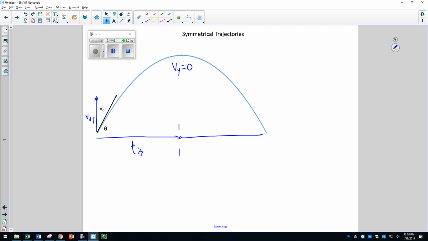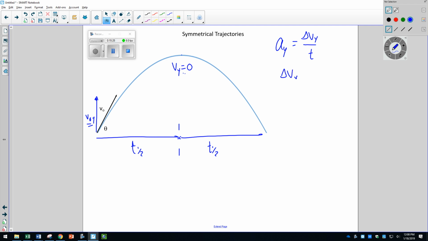Here's the other half the time. In some amount of time, velocity changed from initial to 0. In the same amount of time, the vertical velocity is going to change by the same amount. And that's because a_y is constant, and that's delta v_y over t. All right, or delta v in the y direction is a_y times t.